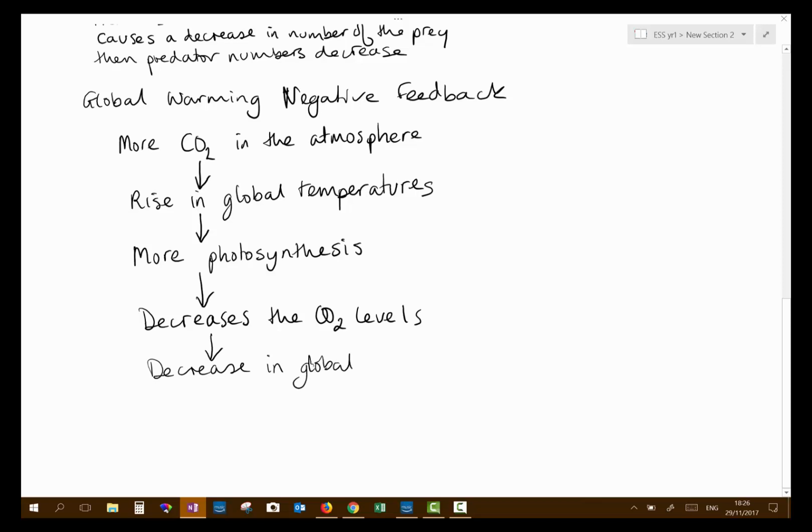That's the hope anyway. Okay, so that's an example of a negative feedback loop where the rise in carbon dioxide causes more photosynthesis and eventually decreases the carbon dioxide levels. Okay, so that's one example.